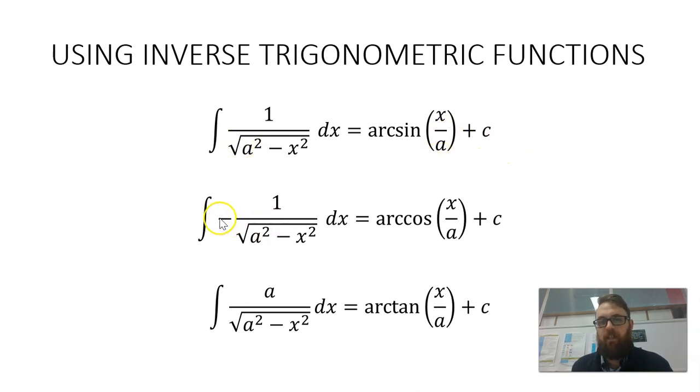If it's got a negative in front of it, we're going to get arc cosine of x on a, same thing. So instead of sine, we get cosine. And if it's got an a squared on the top and x squared on the bottom, and no negative either, it's going to look like this, arc tan. All right, so we'll have a look at how we get these firstly, but then also a couple of examples.